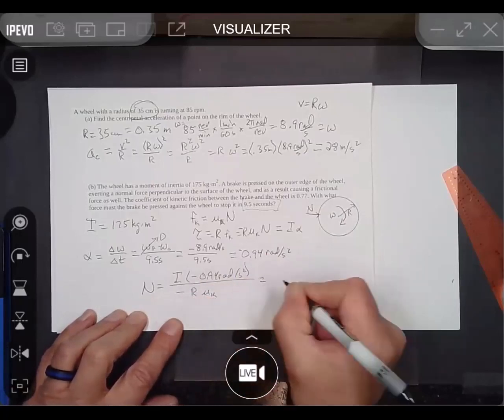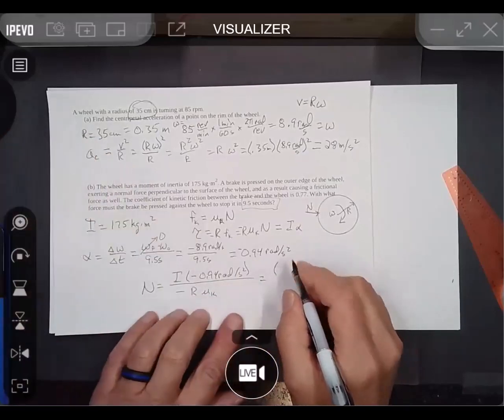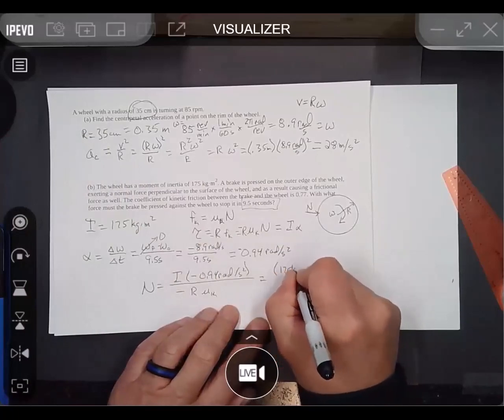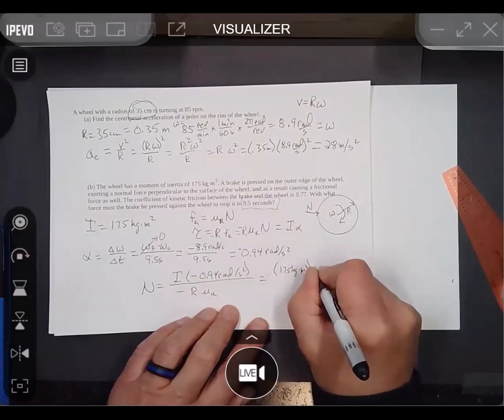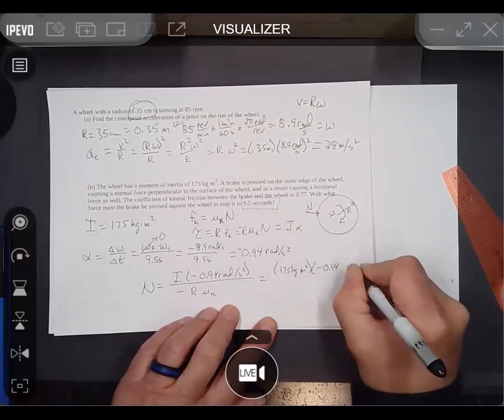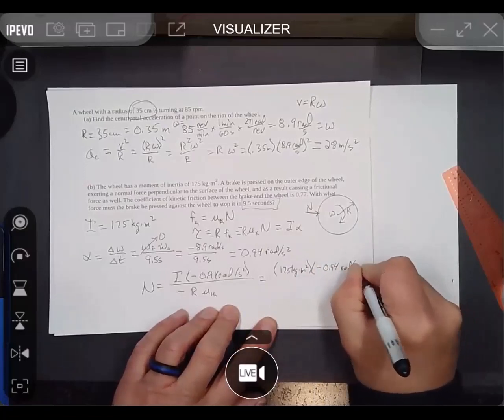And now we can just plug in all the numbers. I was 175 kilogram meters squared, and then the minus 0.94 radians per second squared.